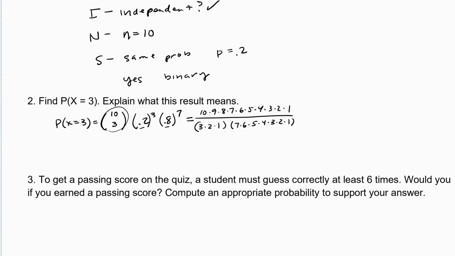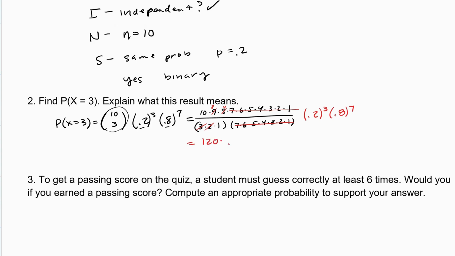And then we could say, all of these cross off with all of those. This 3 and that 9 reduce, this 2 and this 8 reduce. So it looks like that number is 120.